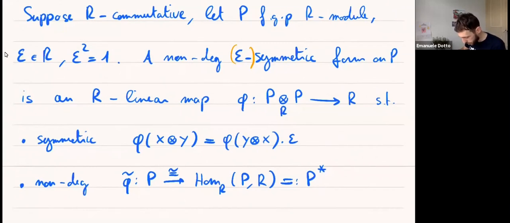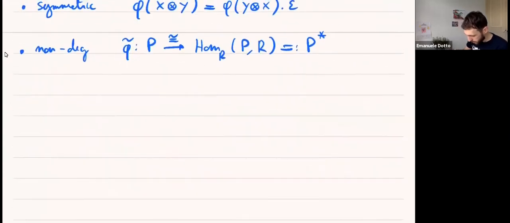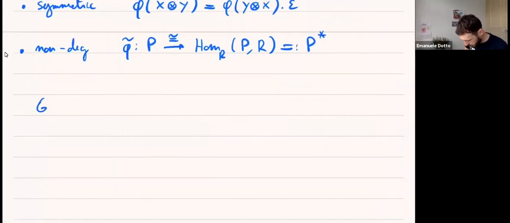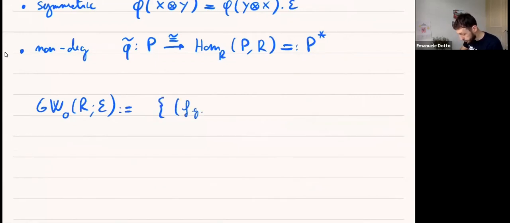And so from these, I can construct the Grothendieck-Witt group. The Grothendieck-Witt group of R, and let's try to keep this epsilon in the notation, is by definition: we look at pairs now of a finitely generated projective P together with such a form.